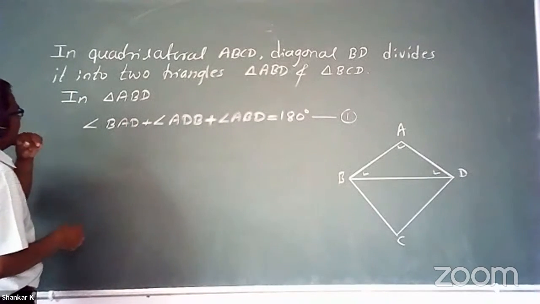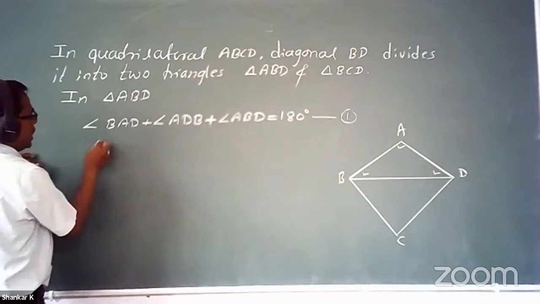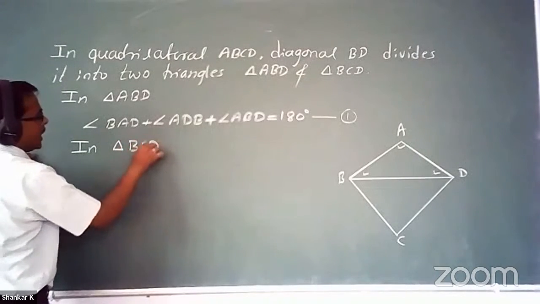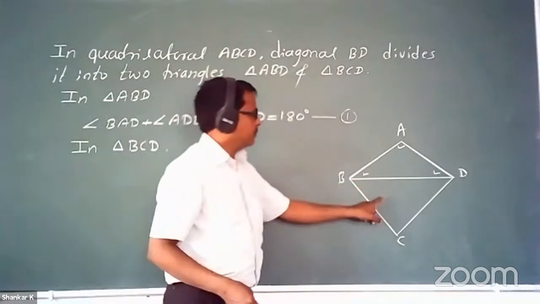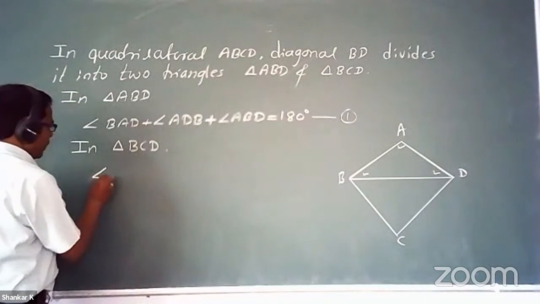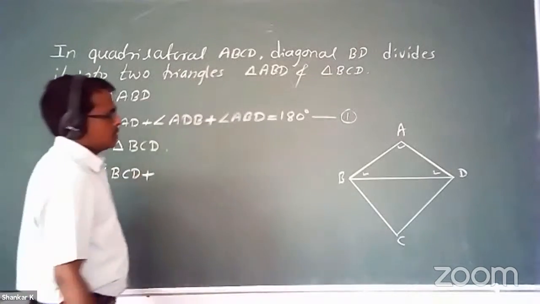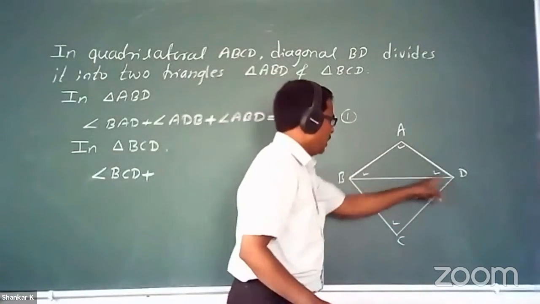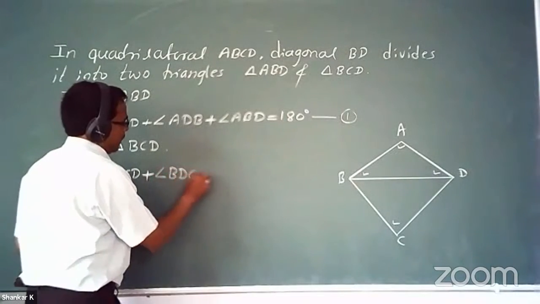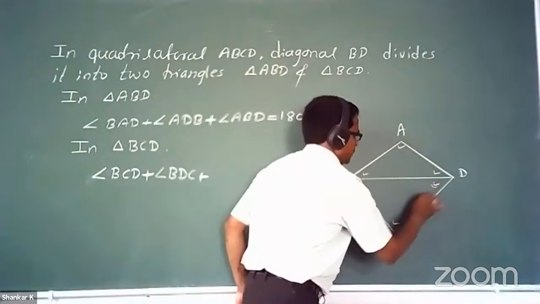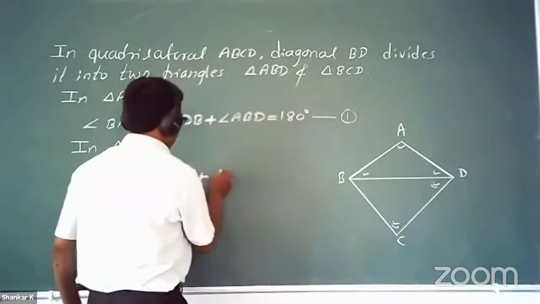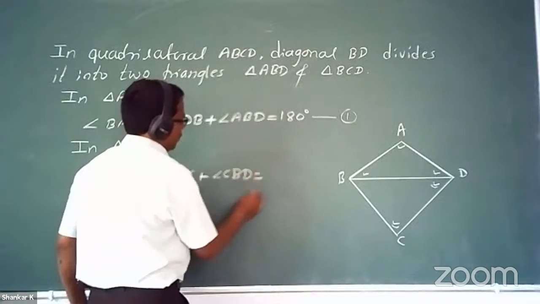Then another triangle is there, BCD. In triangle BCD, angle BCD plus this angle BDC, this one, then angle CBD, this is also 180 degrees.